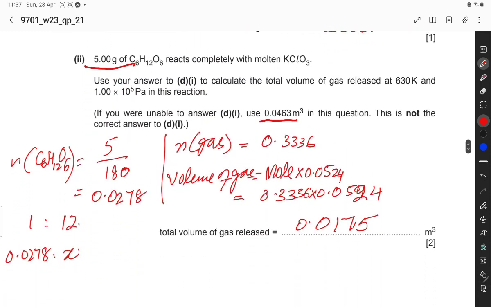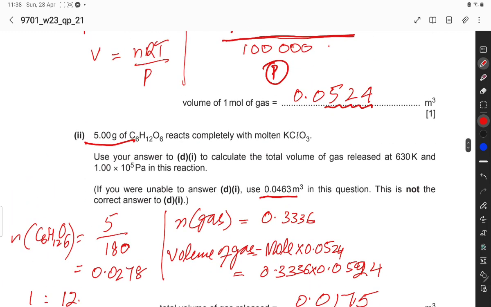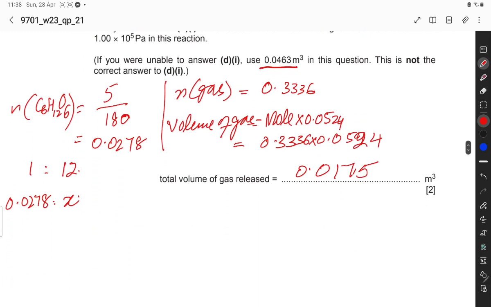So 12 is gas, 0.0278 ratio X. So the mole of gas is 0.336, and the volume of gas is mole into 0.0524. We are using this volume because 1 mole of gas occupies 0.0524 meter cube. So the answer is 0.0175.